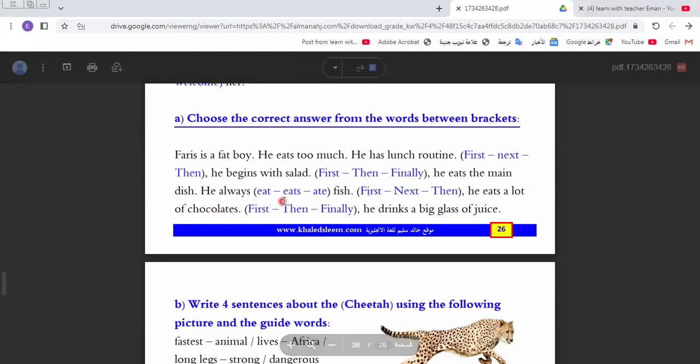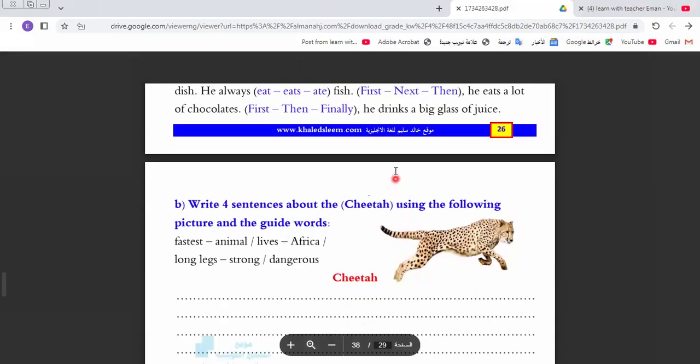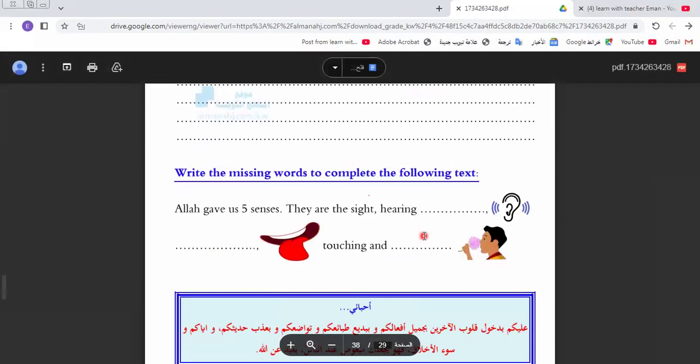He always eats. Why eats? Because he is singular and we add s. After that we say next he eats a lot of chocolate. Finally he drinks a big glass of juice.